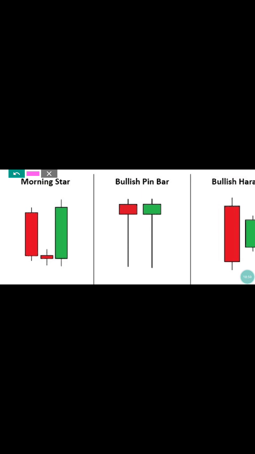Let me explain. This is a red candle. It's completely red up to this level, and then the sellers push the market. They try to close the market here. The buyer says no, and they push the market up to the top level, and then the sellers get a little bit of strength and push the market, but they fail to close at the bottom.